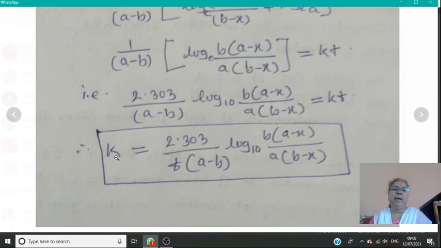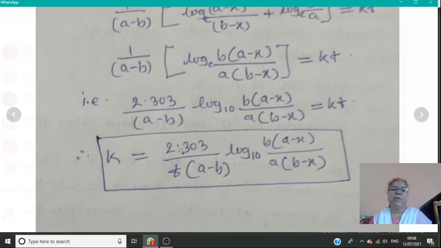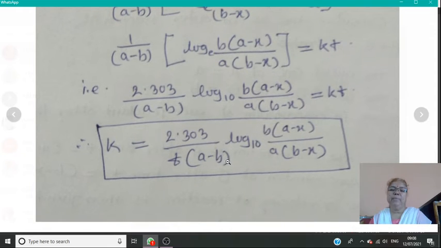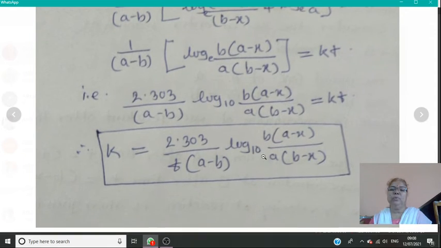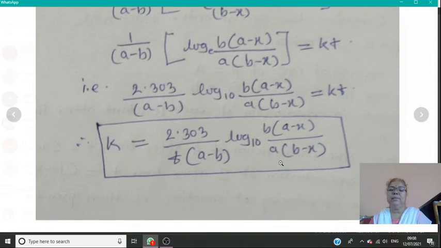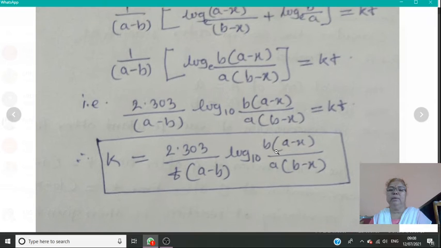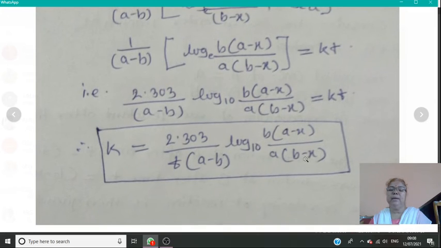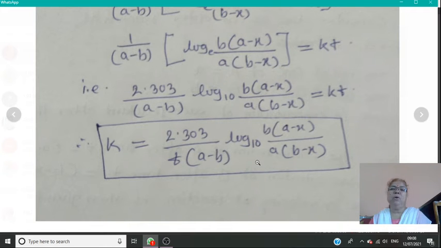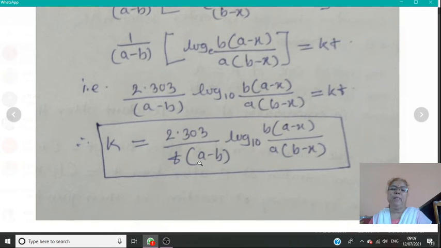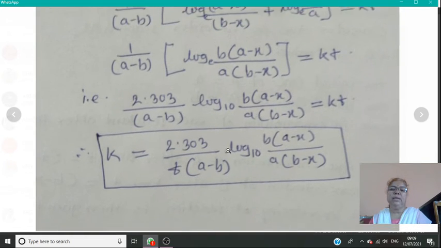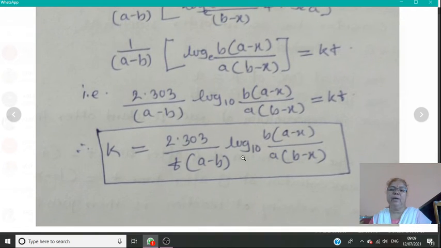Therefore, we have k equal to 2.303 upon t in a bracket a minus b into log to the base 10 of b in a bracket a minus x divided by a in a bracket b minus x. And this is the equation of velocity constant k of the second order reaction where initial concentrations are different.